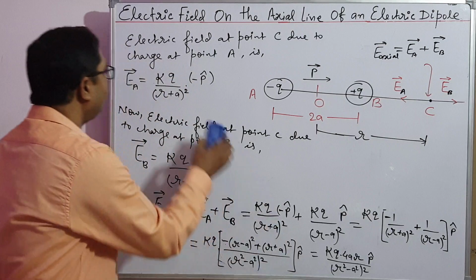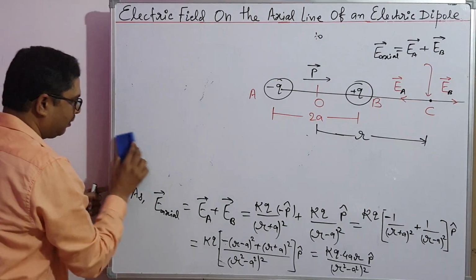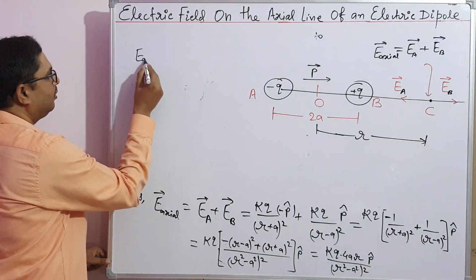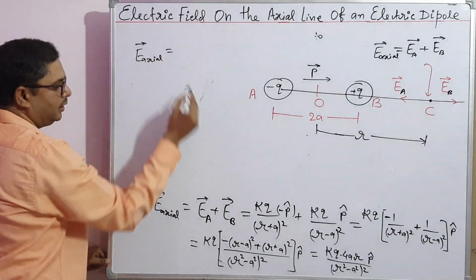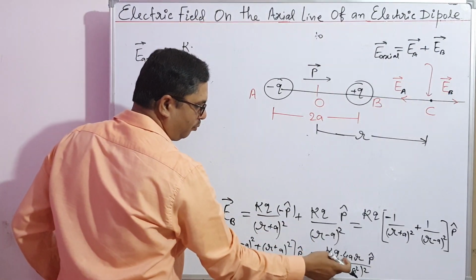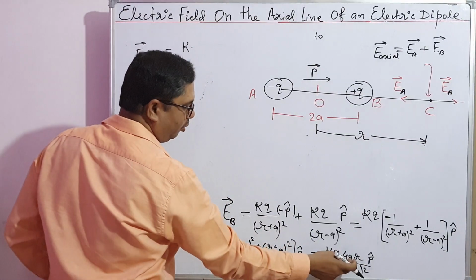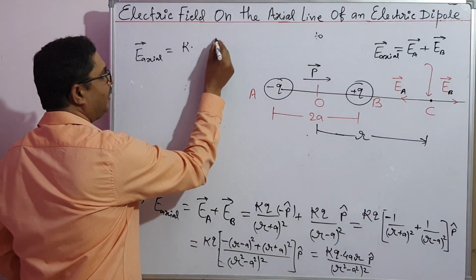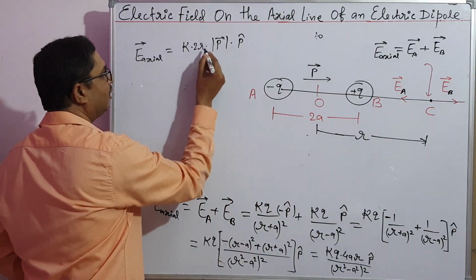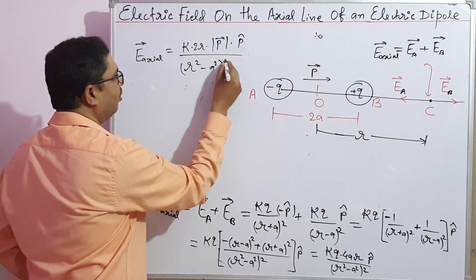Now here E axial is equal to K, and Q into 4AR can be written as Q into 2A into 2R. So Q into 2A is said to be P magnitude, here P cap, and the remaining is 2R divided by R square minus A square whole square.